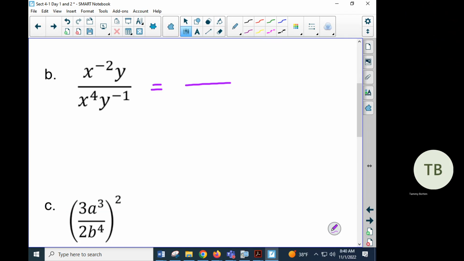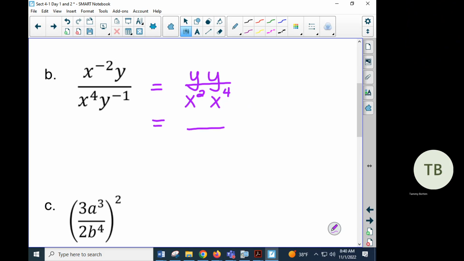So this X to the negative 2nd is going to come to the bottom. The Y here is going to stay on the top. The X to the 4th is going to stay on the bottom. The Y to the negative 1, to make it positive, I'm going to put it on the top. Okay, so I just move my negative ones, if they're in the top, to the bottom, bottom to the top.